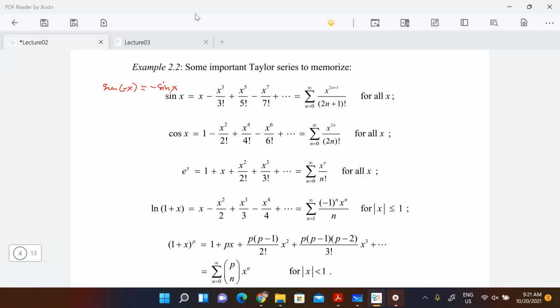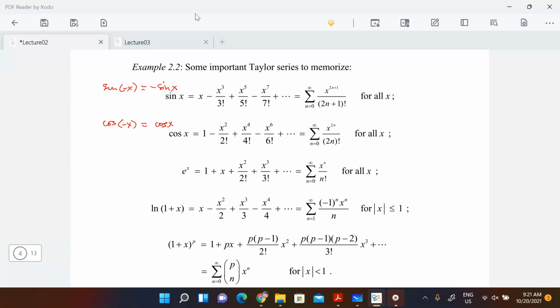And for cosine, the power is always even, so putting minus x to the even power gives the same sign. So these are things you can probably find out by using the symmetries of the function itself.